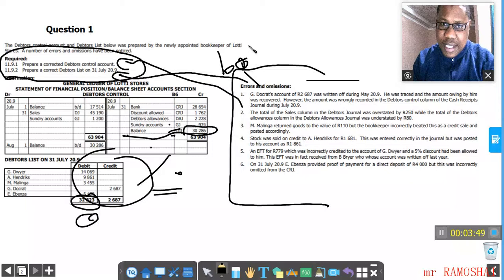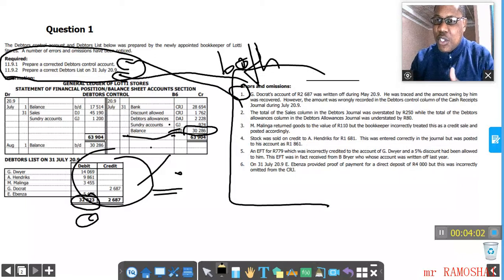So you draw both of these accounts so that if error number 1 is affecting only the debtors control, you focus on the debtors control and correct it based on that information. Then if information number 2 is affecting both, you deal with these two accounts at the same time. I think that makes sense, guys, but I will show you what I mean.